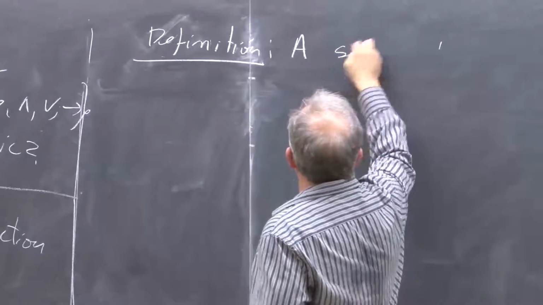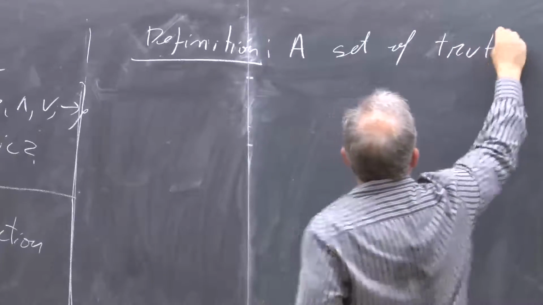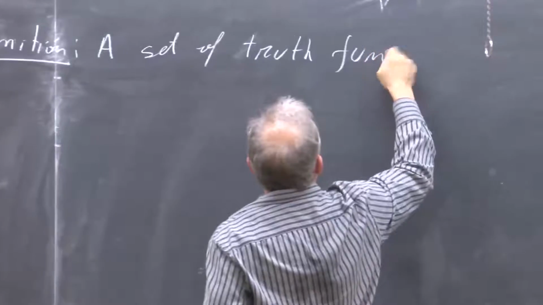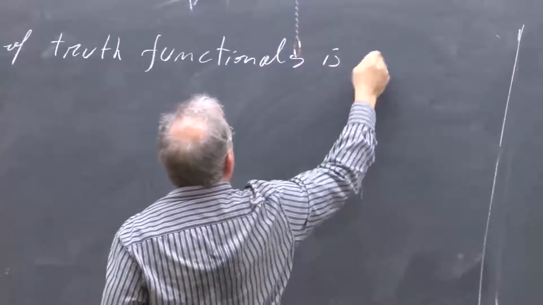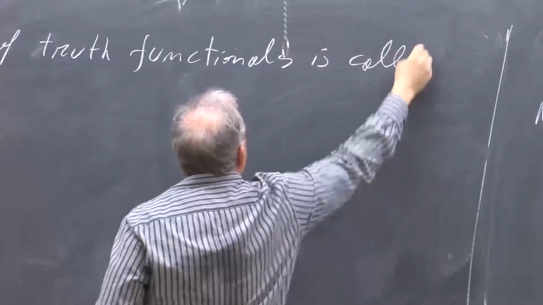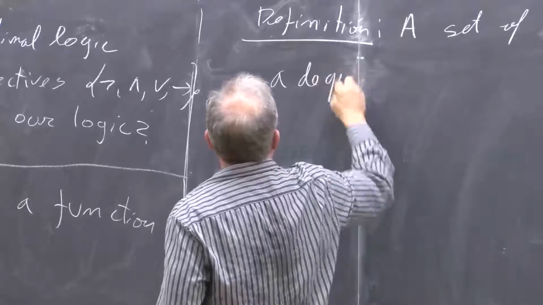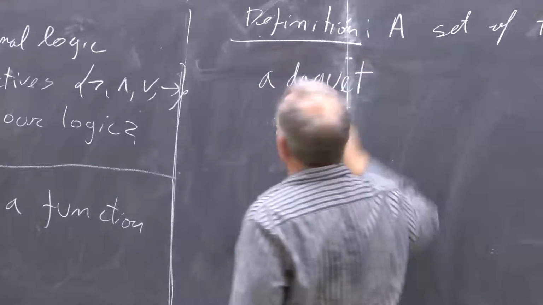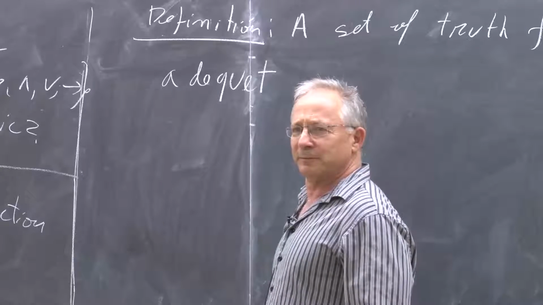A set of truth functionals is called adequate. Did I forget any letters here?